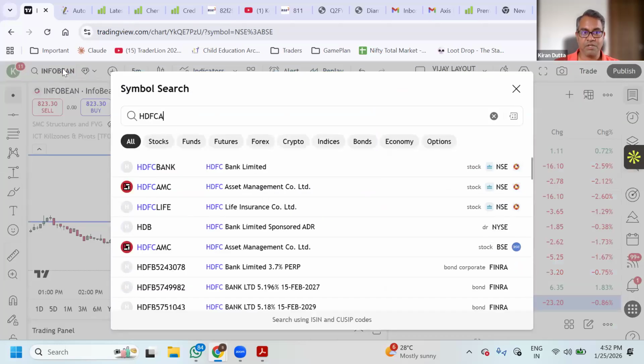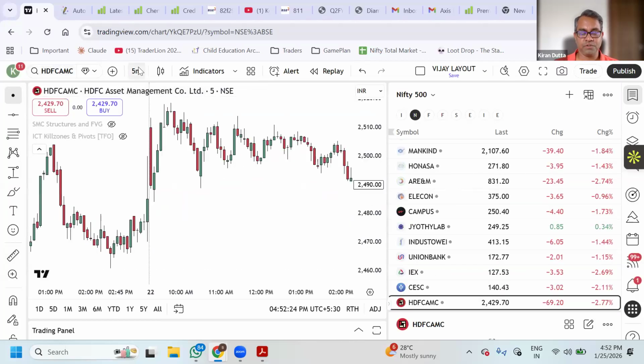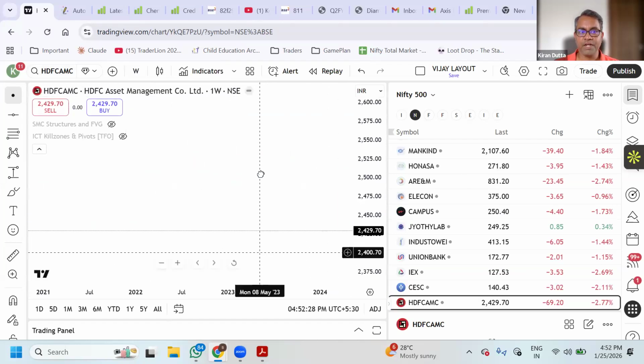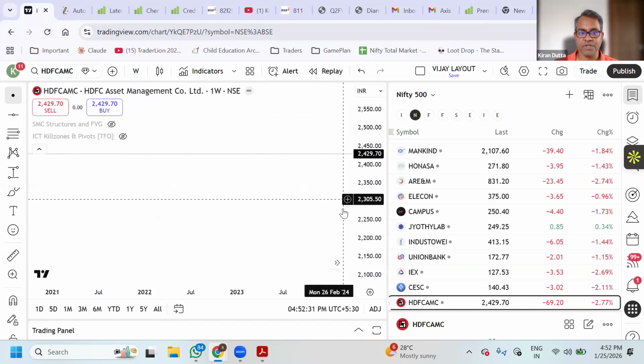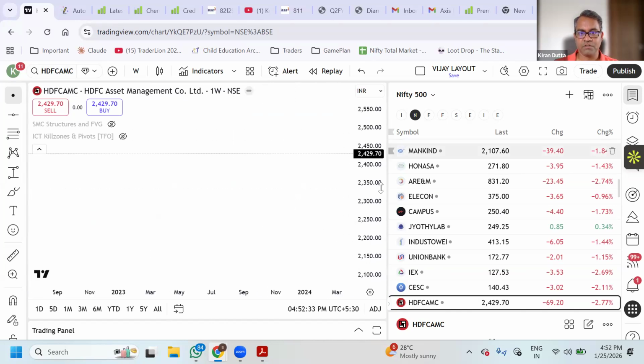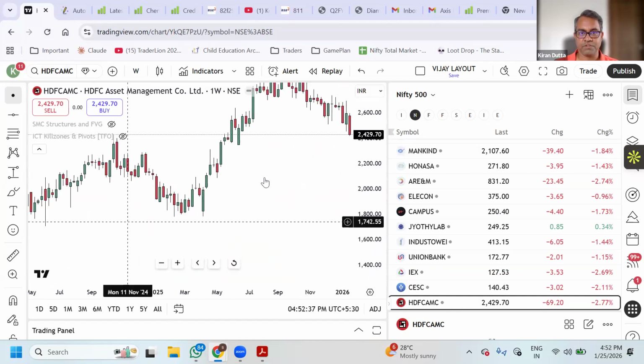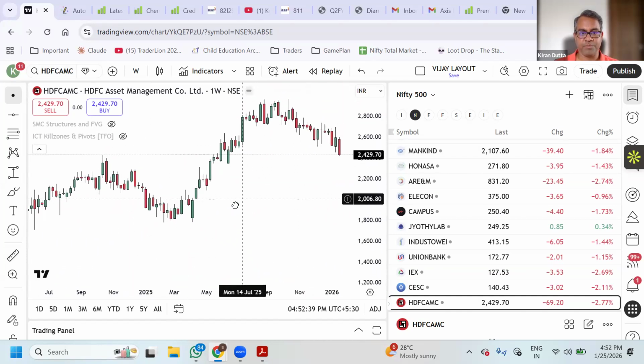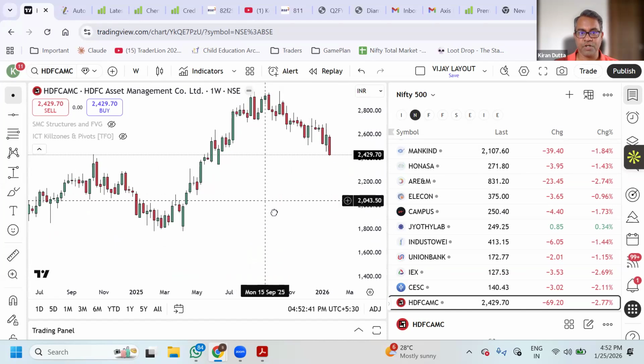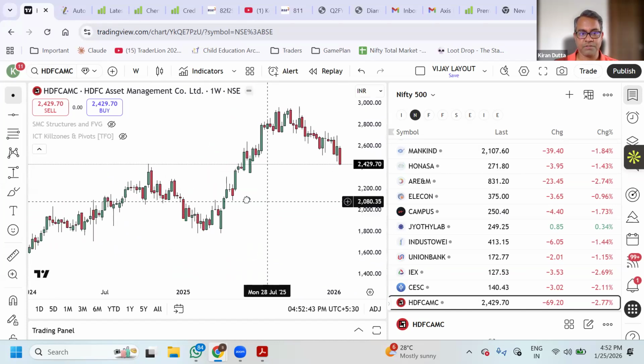Now, HDFC AMC, I'm sure if you know, some of you, was one of the pure earning calls play that we did somewhere around November timeframe. 2025 April May timeframe. Okay, I'll show you what has happened here.